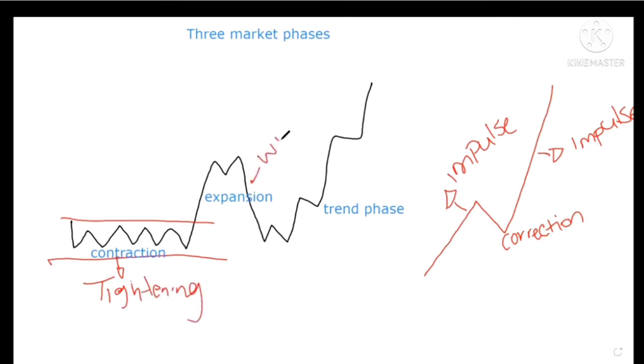Expansion is the widening of the money, and then this is just a normal retest. After a retest, we have a trend phase, which this is smart money. It's an order flow, guys. It's an order flow. So after learning all of this, let us go on the market and try to find what we have actually written there.